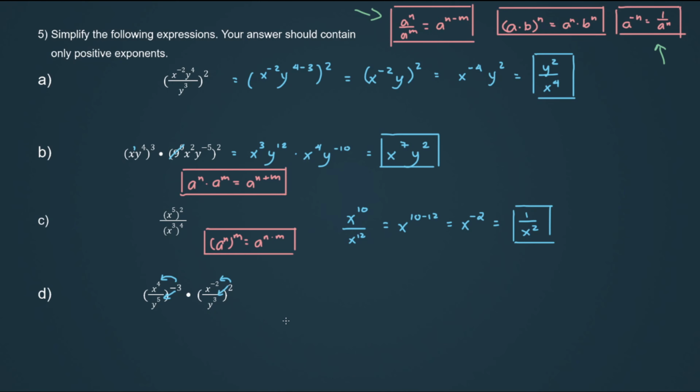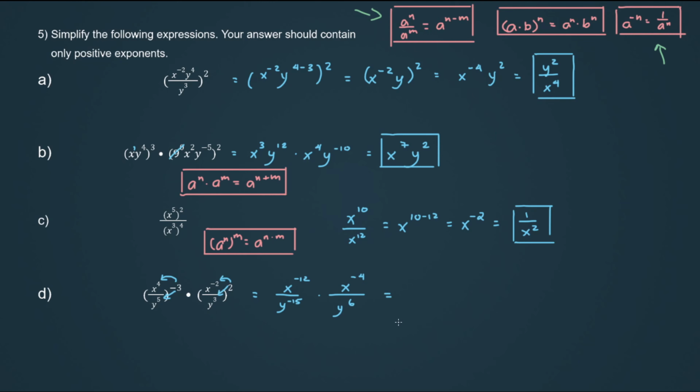So x to the 4 times minus 3 is minus 12, y to the 5 times minus 3 is minus 15, times, here we've got minus 2 times 2 is minus 4, here we've got 3 times 2 is 6.